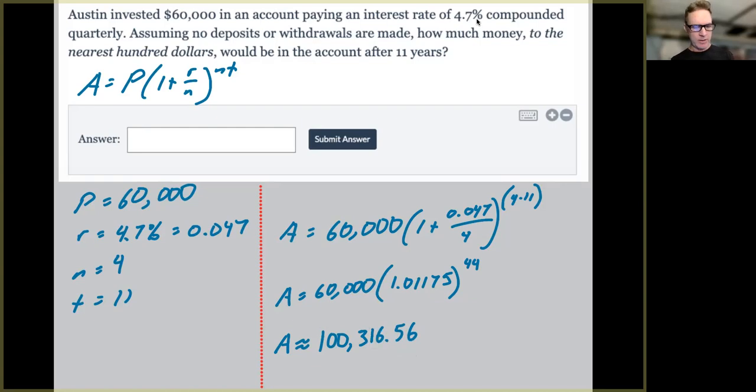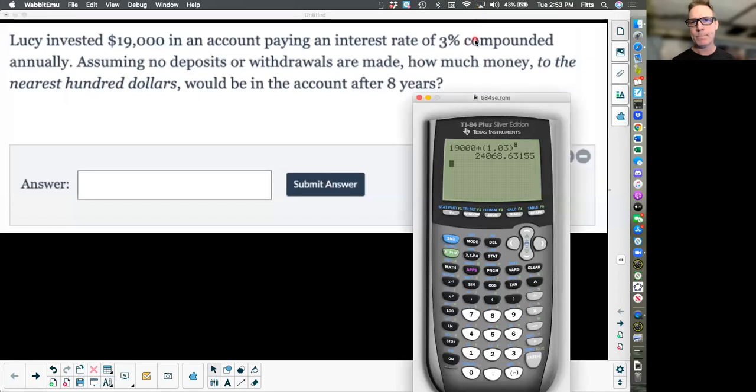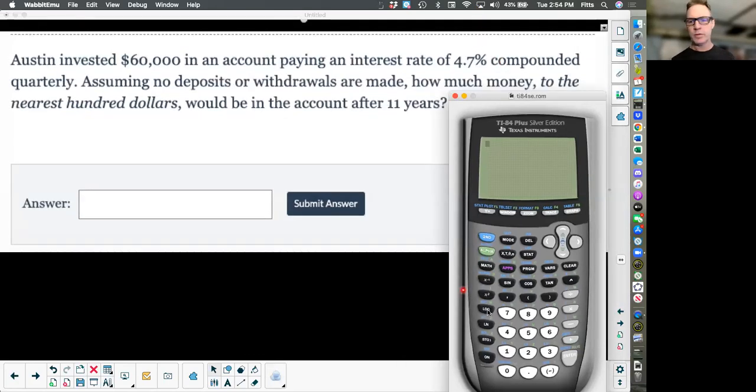Let's try that in our calculator as well. Okay, so what would it be? It would be 60,000 times, in parentheses, 1 plus, and I'm going to put this in parentheses as well, 0.047.